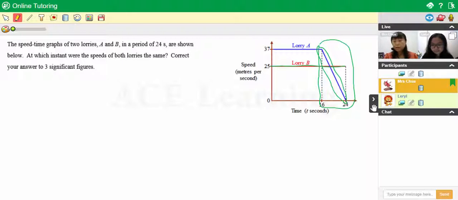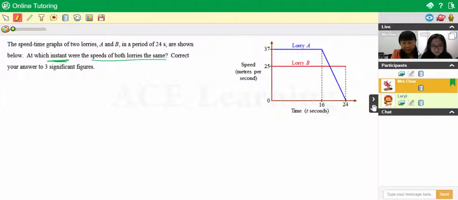We're going to make more observations. The question asks for a piece of information. What's that? The instant, right? Yeah. The instant the speeds of both lorries are the same. Now, can you pinpoint the spot where the speeds of both lorries are the same? Yes, that's the spot.